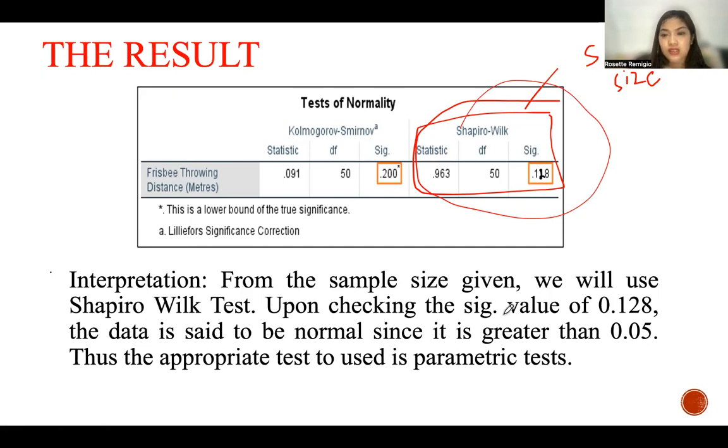Upon checking the significance value of 0.128, the data is said to be normal. Since it is greater than 0.05, the appropriate test to use is parametric test. Yung mga sinabi ko kanina, isa-summary nyo lang, and that is the interpretation. So, that is normality.